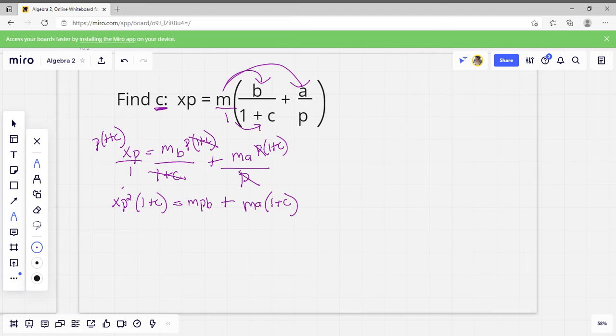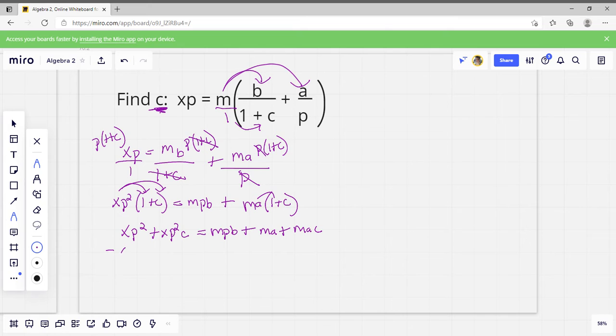Okay, now I'm going to rainbow these. xp squared plus xp squared c, ma plus mac.